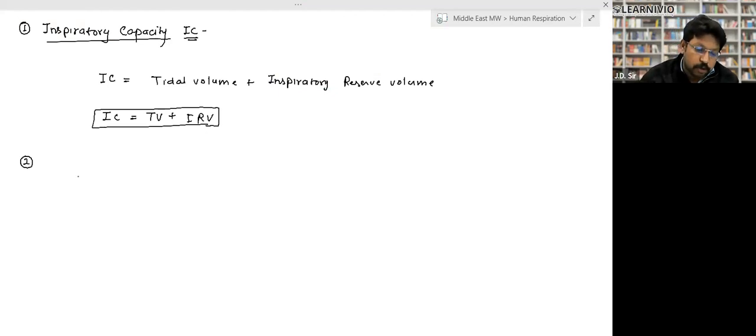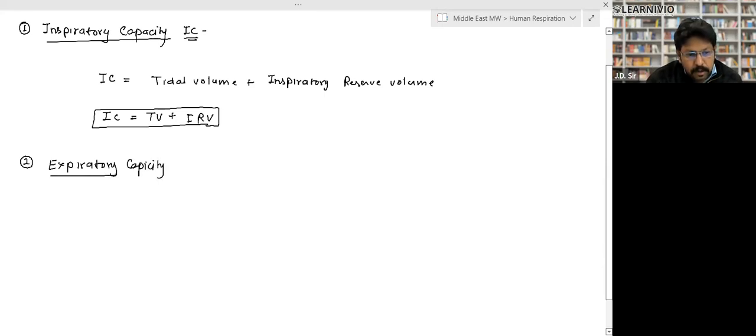Okay. So the next one is expiratory capacity. It means how much volume I can expire at maximum. Expiratory capacity is EC.